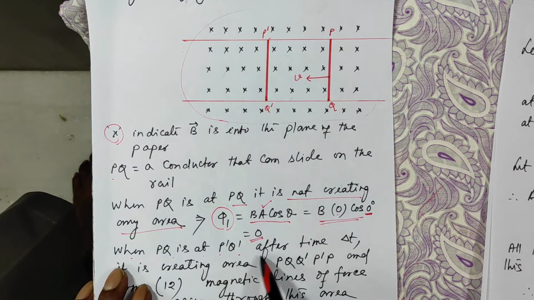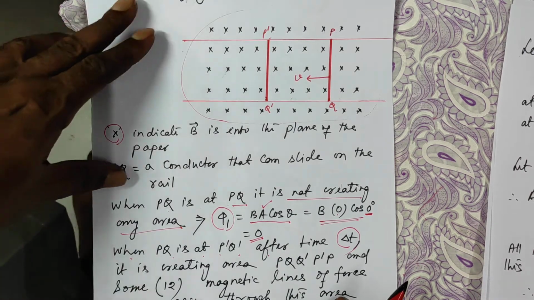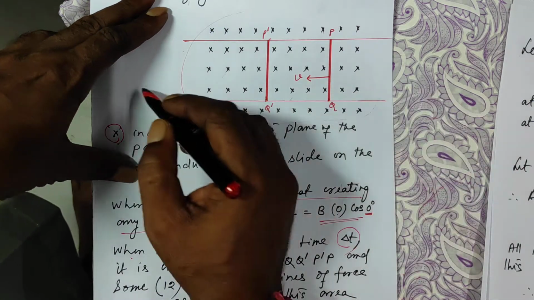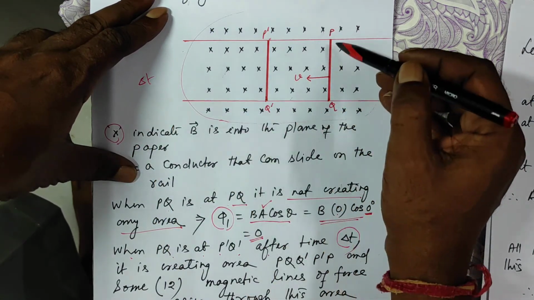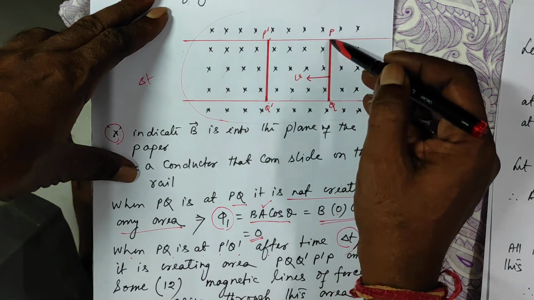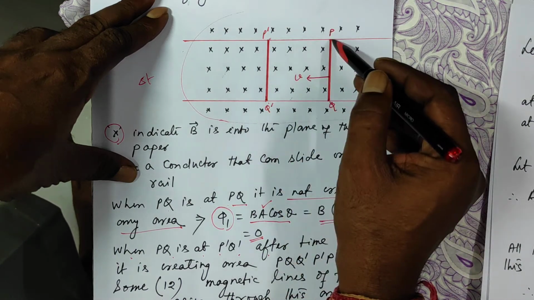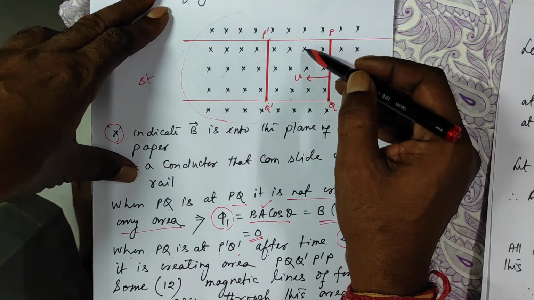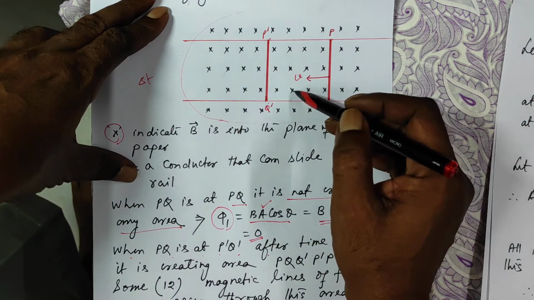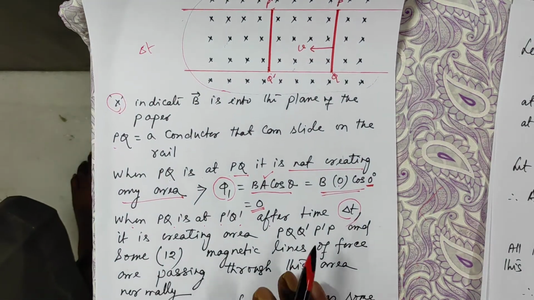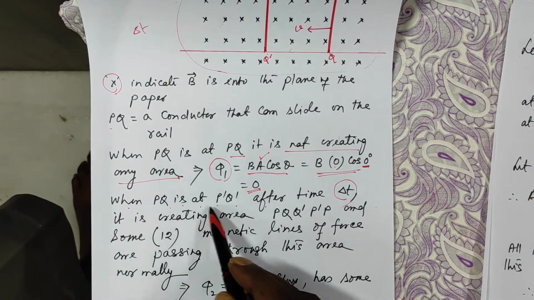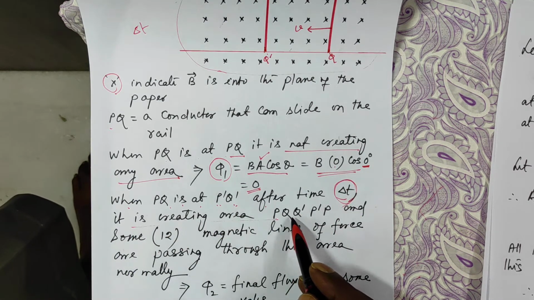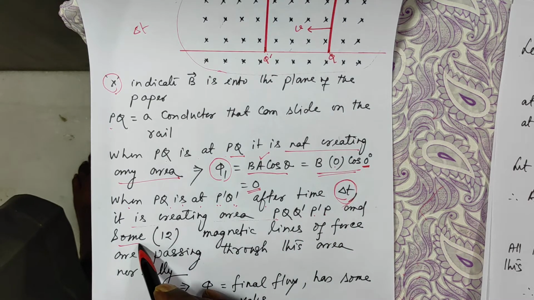When PQ moves from PQ to P dash Q dash in time delta t, it is creating this area, P, Q, Q dash, P. Through this area, some lines of force are passing normally.